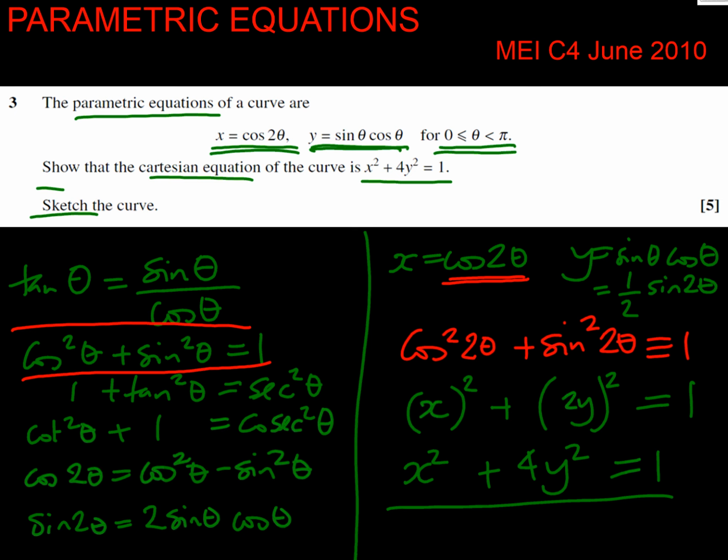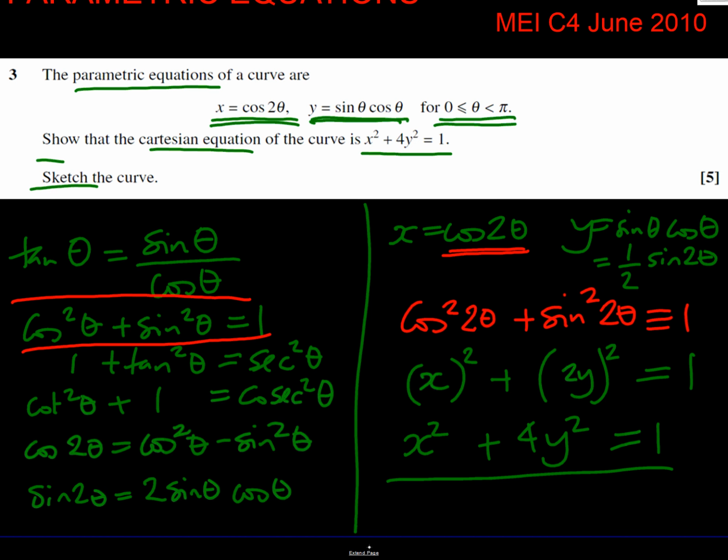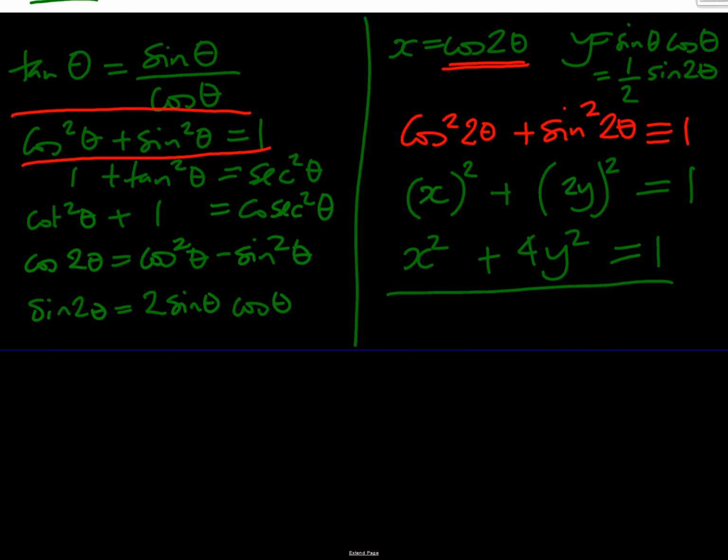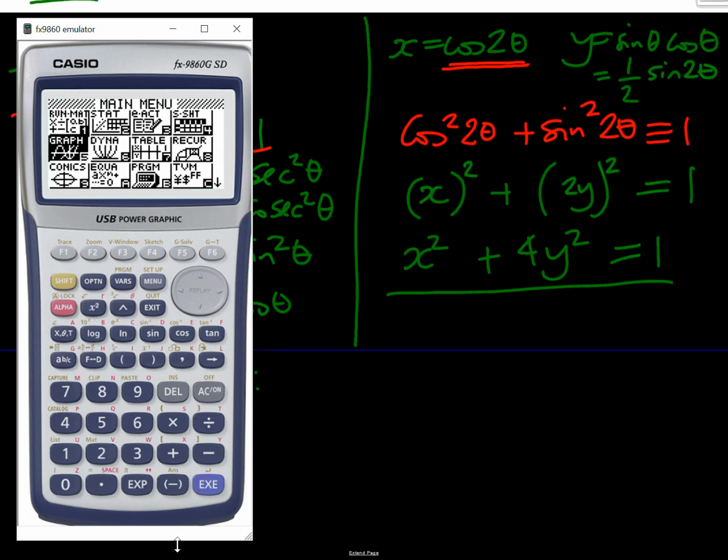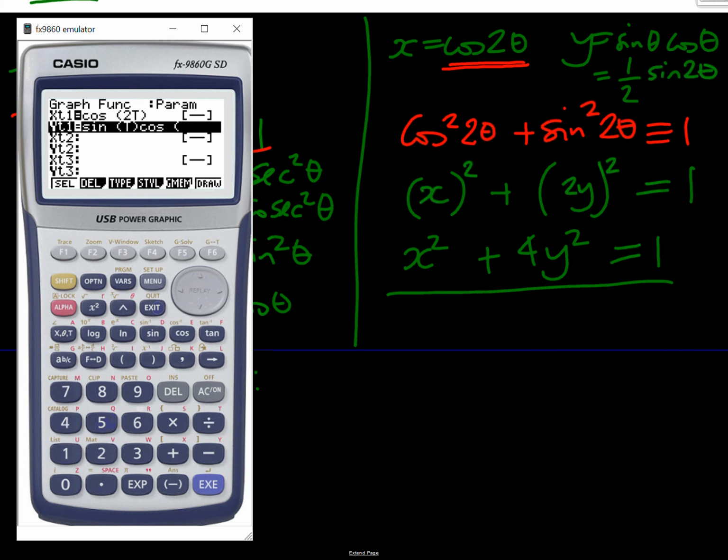They then asked us in the second part, so let's do the second part here. They then asked us to sketch this. Now, if you don't know what it looks like, you can plug it in your calculator, so let's do that first. In our graphing functions here, if we go up, we can set our type to parametric. Here's type parametric.